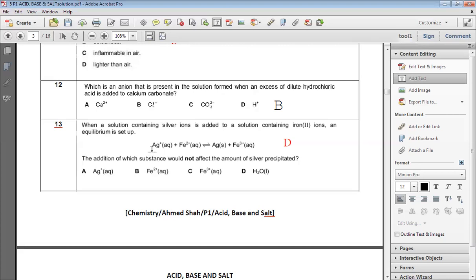So if I add silver ion, iron 2 ion, or iron 3 ion, the equilibrium would be disturbed. But when water is just added, there is no change in the precipitation, because an insoluble precipitate remains insoluble even when more water is added. So question 13, option D is correct.